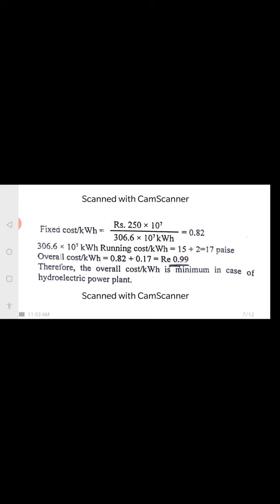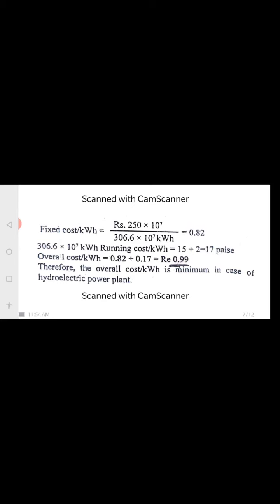So in this problem, the maximum demand is 500 megawatt and the load factor was 70%, so the average load becomes 350 megawatt. Then we have seen that the fixed cost is interest cost plus depreciation cost, and the running or variable cost is operating cost as well as transmission and distribution cost.